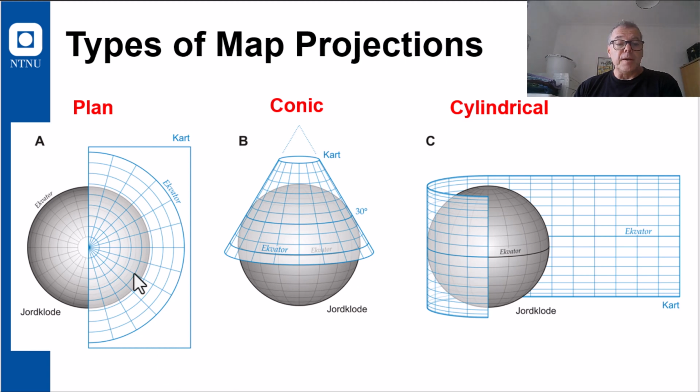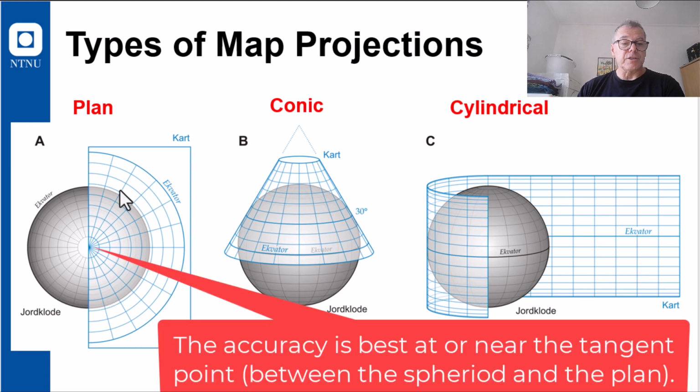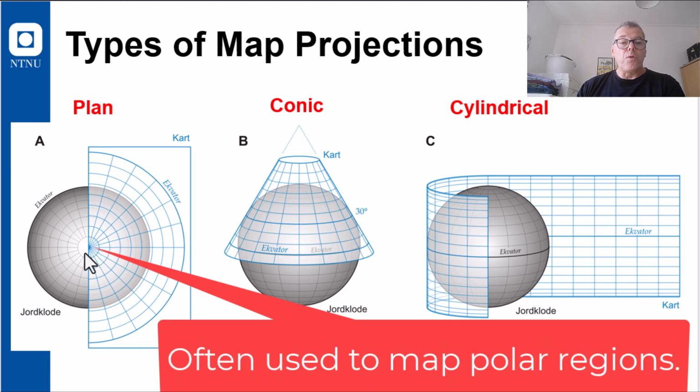All 3 types of map projections introduce error, but the error is smallest at or near where the spheroid touches the plan, the cone or the cylinder. For the plan projection, the accuracy is best at or near the point, such as the North Pole.